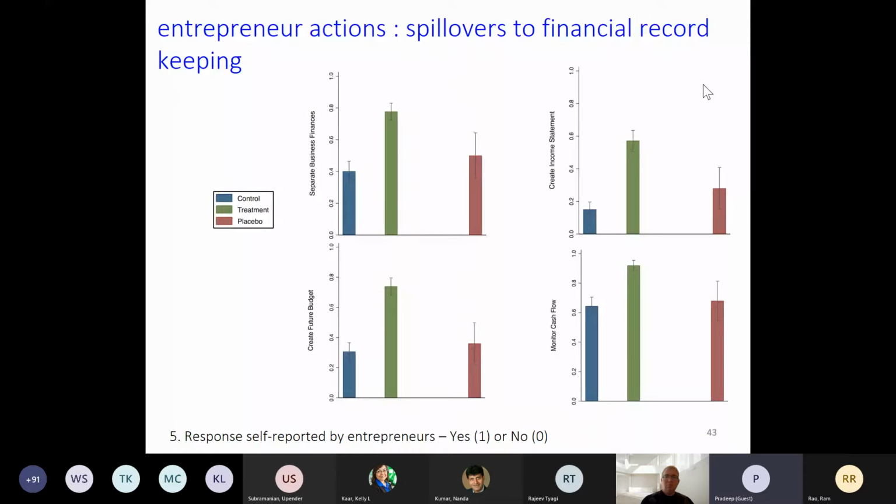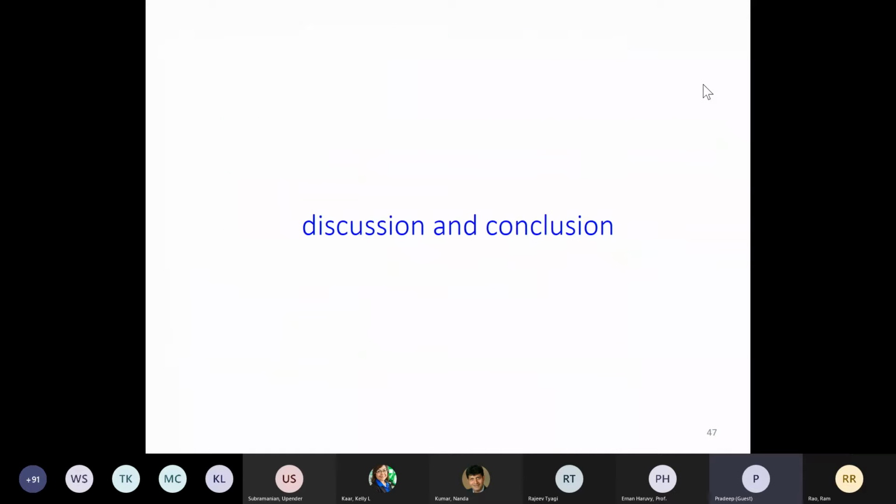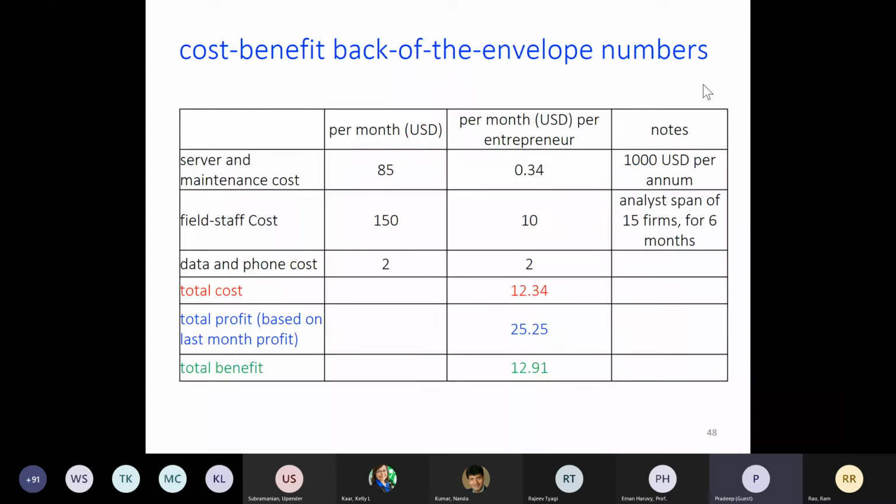Okay, so it translates into spillovers in financial record keeping, but not necessarily in other types of activities. Yeah, that's essentially what we find, and we also do a mediation check for the mechanism, and find that the aptitude and the activities mediate the effect. Okay, so that's essentially what we did in this study.